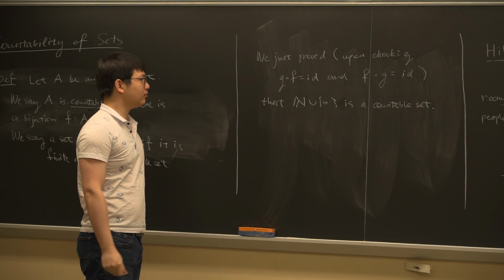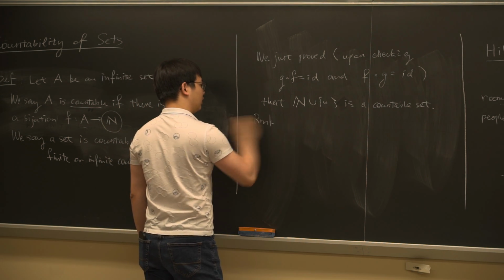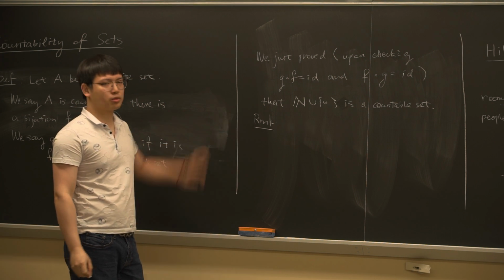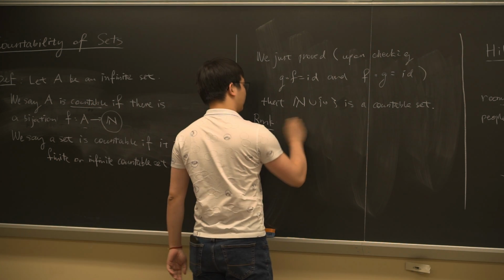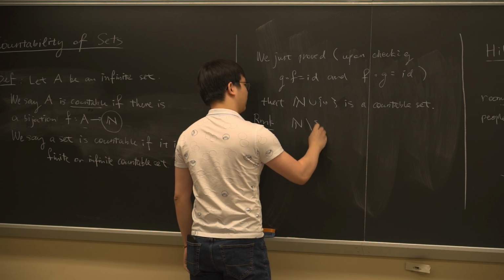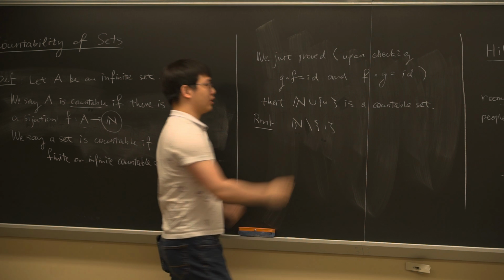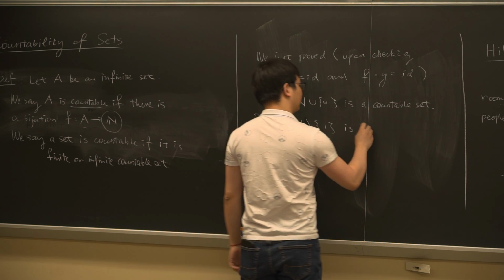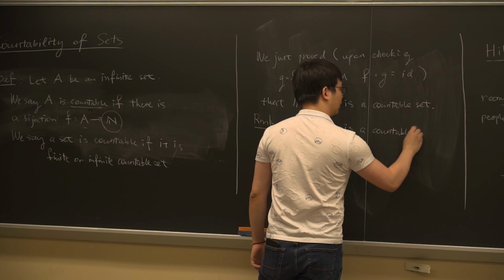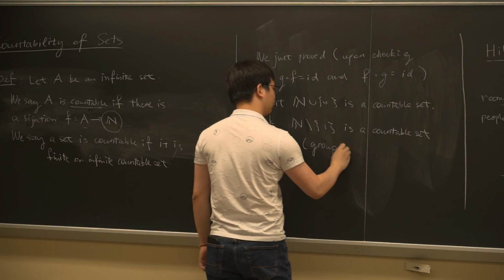Okay. And I want to add a remark, which is actually going to be our group work problem. So this remark is, well, we can do something similar, that if we remove one element, number 1, from the natural numbers, then this again is a countable set. And this is our group work problem.